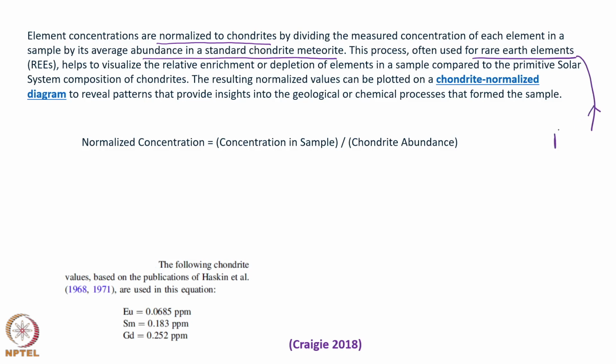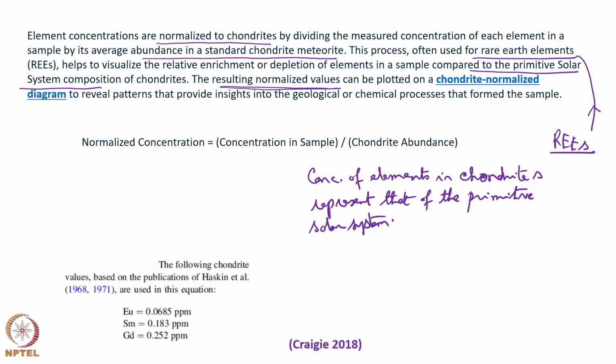The answer is the REEs. They help to visualize the relative enrichment or depletion of elements in a sample compared to the primitive solar system. We consider that the concentration of elements in the chondrite represents that of the primitive solar system. If we use the resulting normalized values in creating graphs, it can be called a chondrite normalized diagram, and such diagrams are useful.